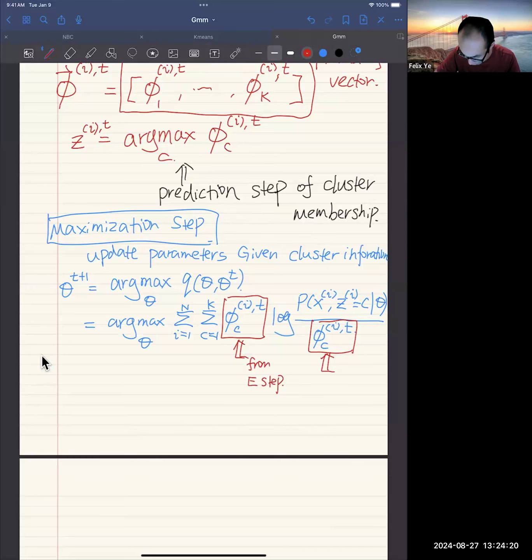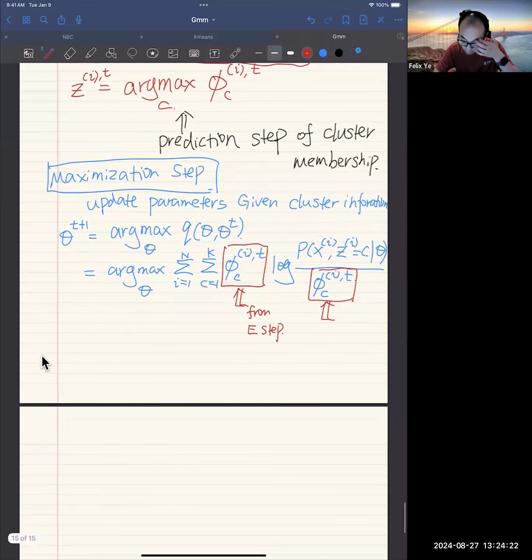So equivalently, we are trying to find out the best parameters for pi c, mu c, and sigma c, and we can maximize them each individually.